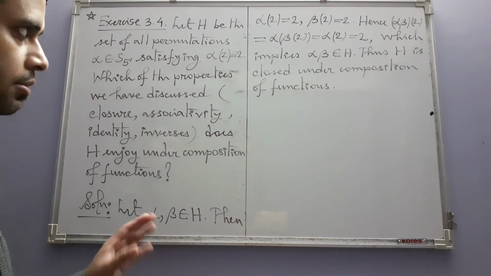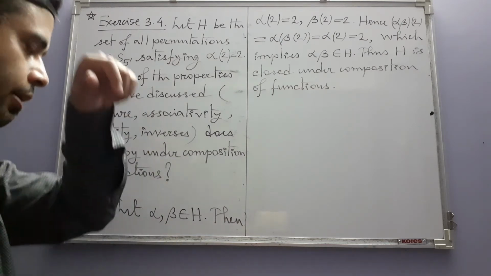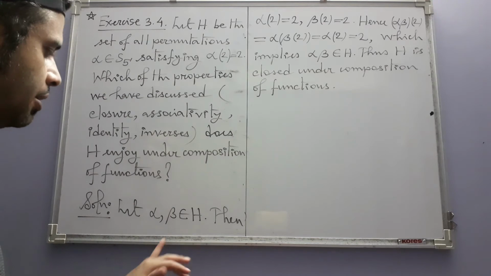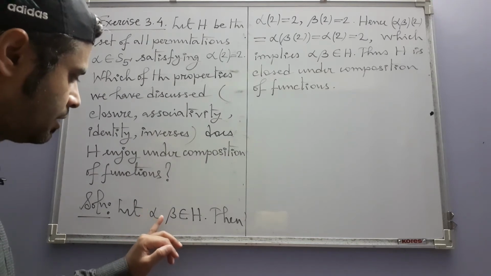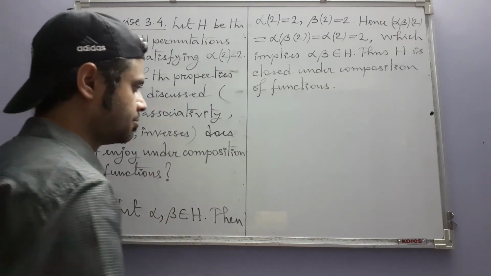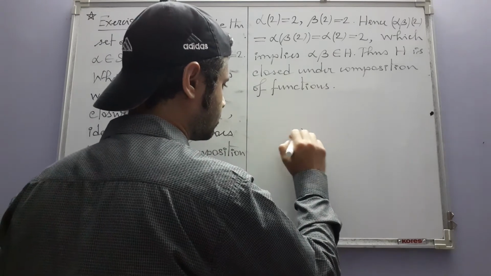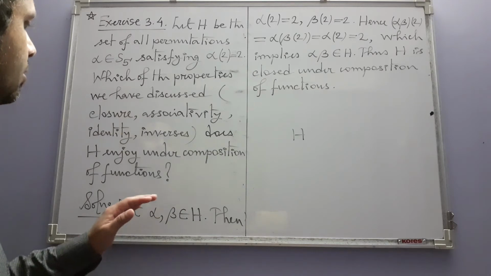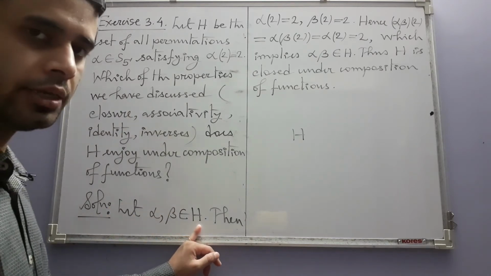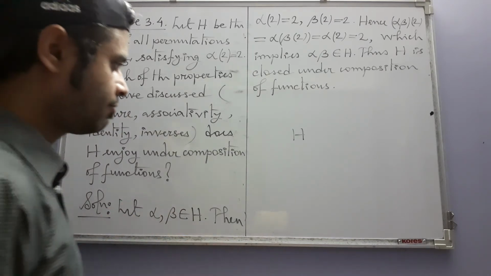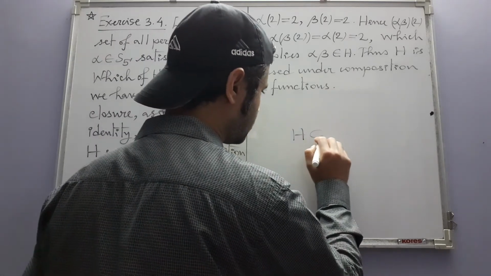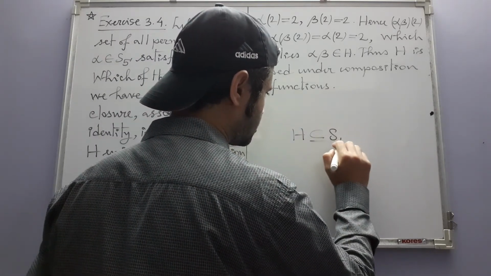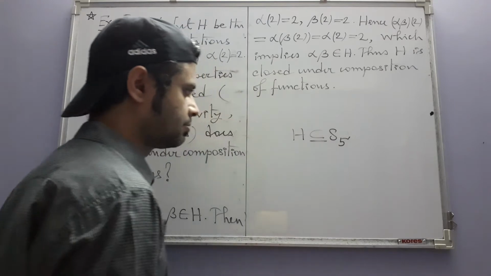There are some things to note here about this closure property. Alpha and beta have been chosen from H. But H after all is a subset of S5.